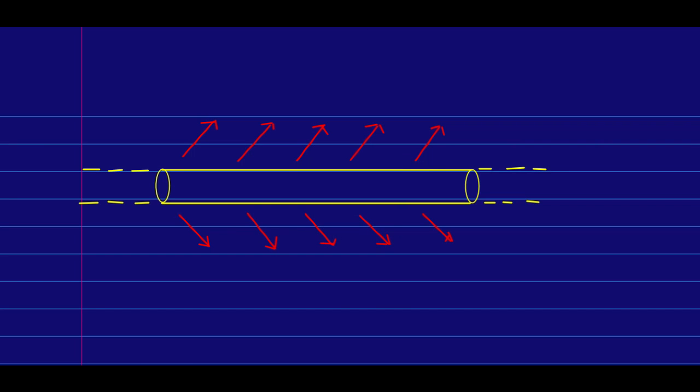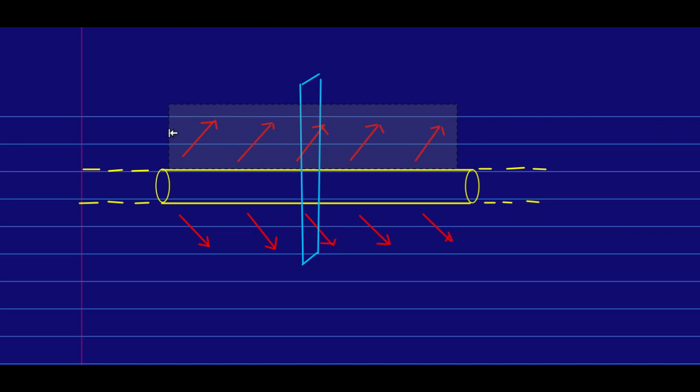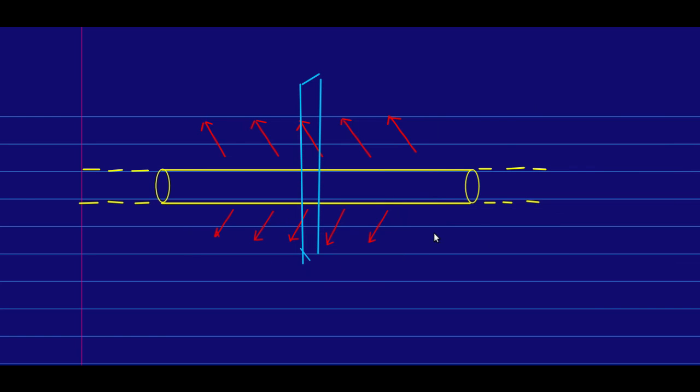Well, that's impossible because this cylinder has symmetry under reflection through any plane perpendicular to it, and if we carry out that reflection on these vectors, then they change which direction they're tipped in, and so that cannot be a correct field. That tells us they're not tipped.